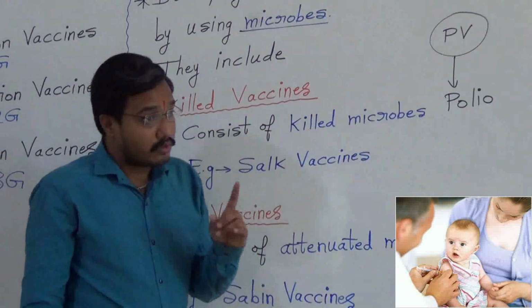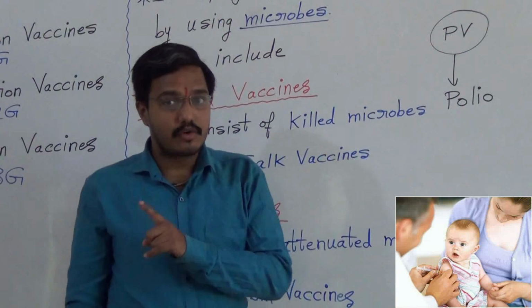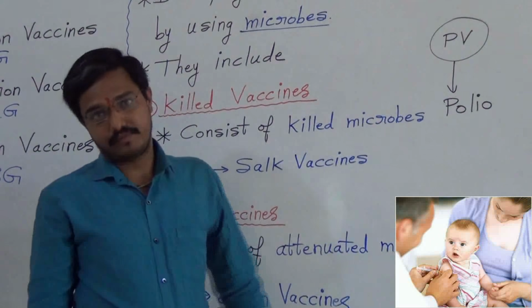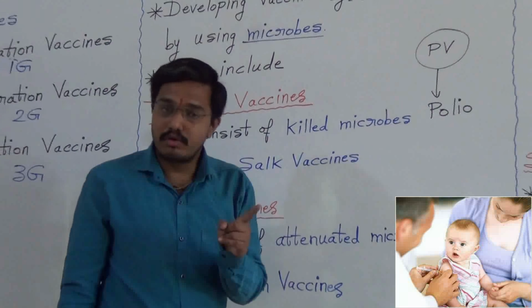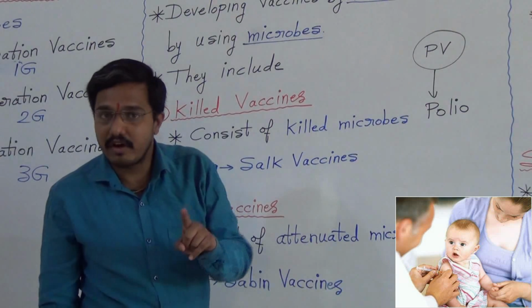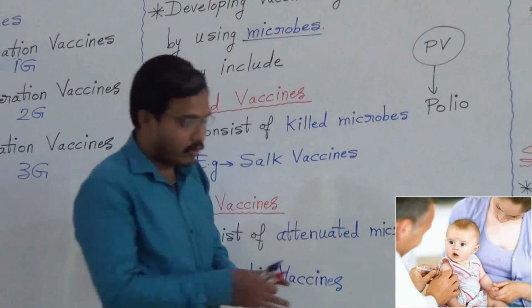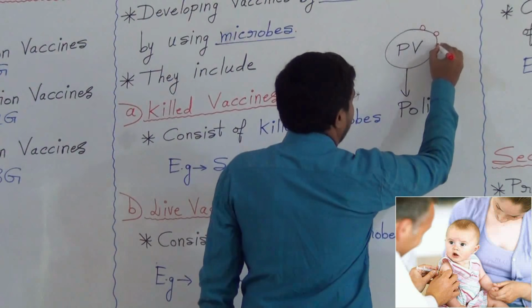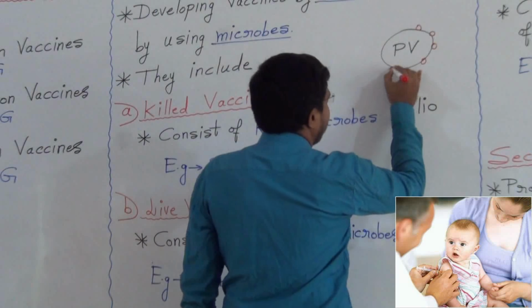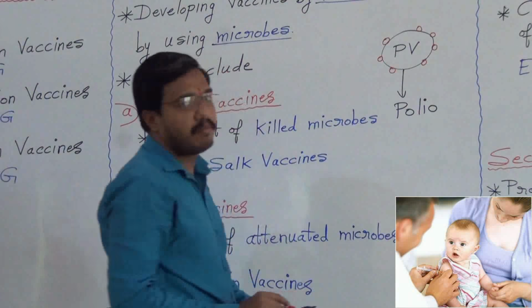Now, the very important thing is that while killing the pathogen, care should be taken that there is no inactivation of the proteins present in the antigens. On the surface of the virus, antigens are present, and these antigens are made up of proteins.